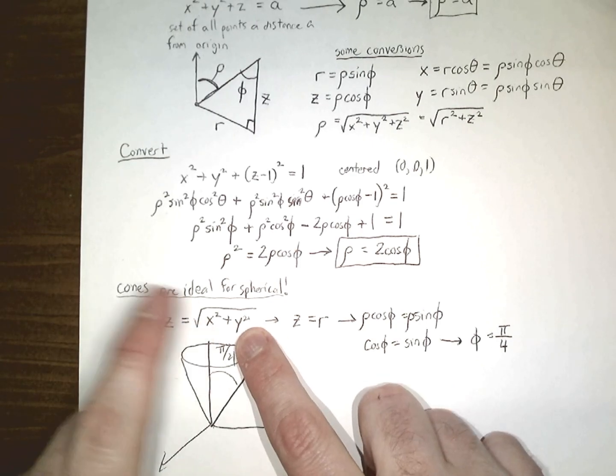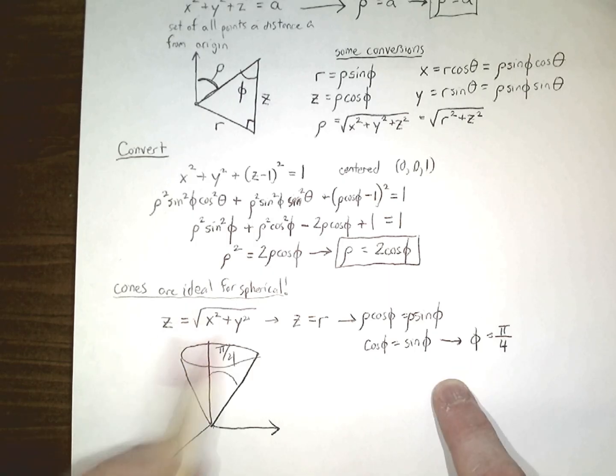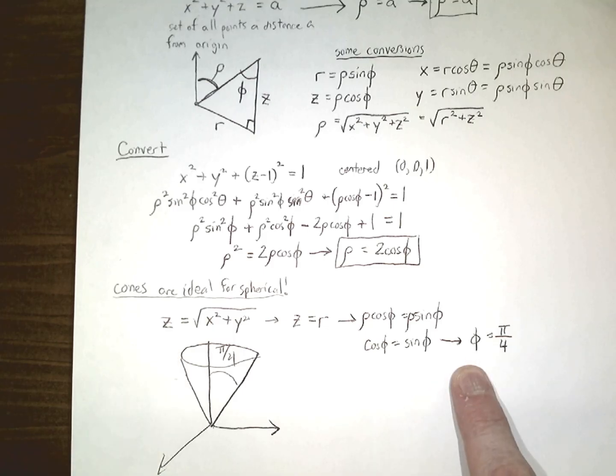Different weights on the x squared versus the y squared will give you a different angle. So you could express different Cartesian cones, which are quite ugly, as a much simpler question: what angle do I want the cone to be slanted at? I'm just going to have phi equal that angle, and I generate the cone. So that is a nice little trick. Spherical coordinates make cones. Who knew?